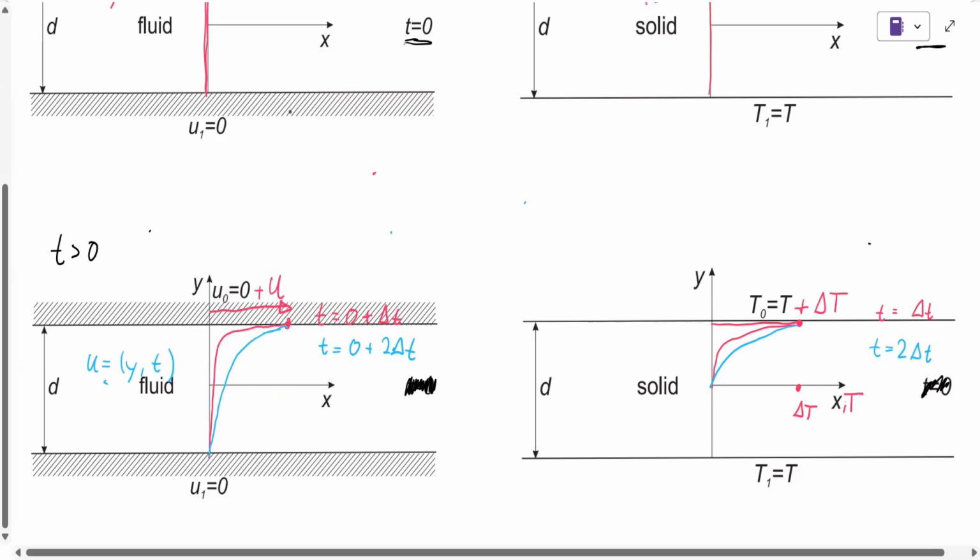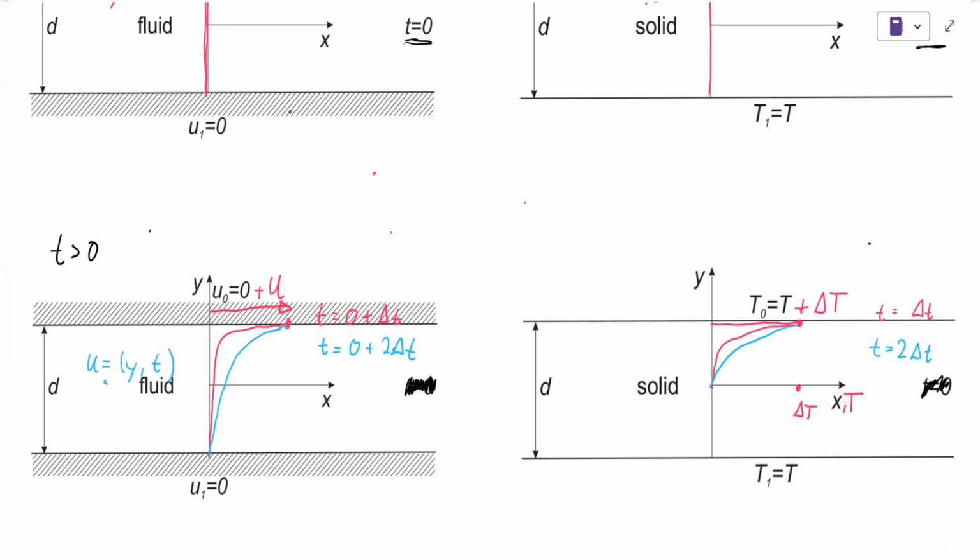So on the right-hand side, we also have t greater than 0, and only solid next to the upper boundary raises its temperature.